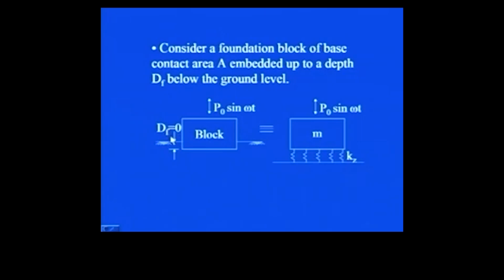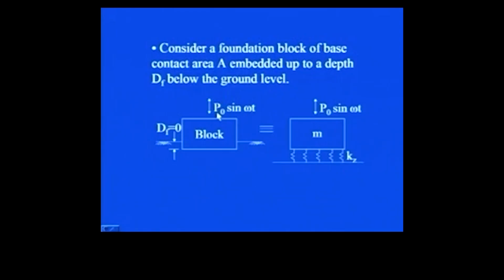Now, why have I put here df is equal to 0? Because when you analyze, you have to make some assumption to make the analysis simpler. So, to make the analysis simpler, this df has been assumed to be 0, which I will explain in the subsequent slides. And then this block is subjected to this force, that is P naught sin omega t.